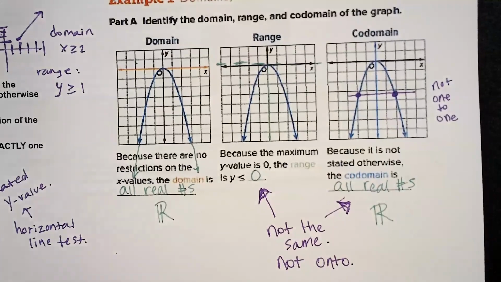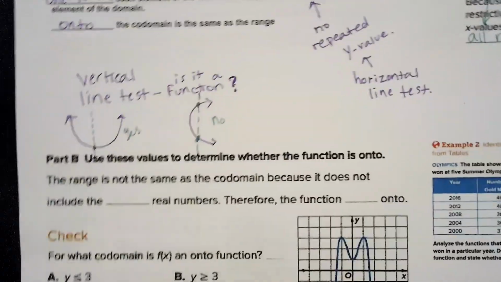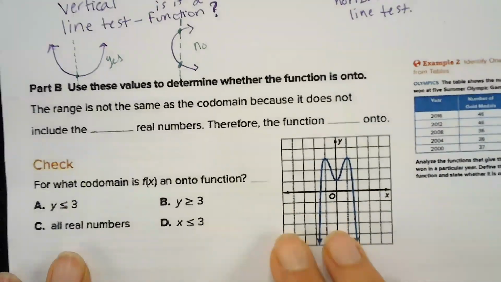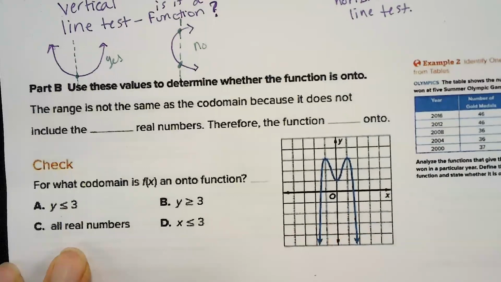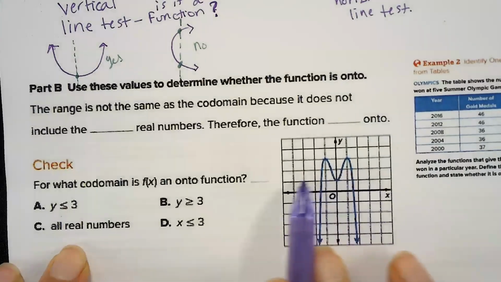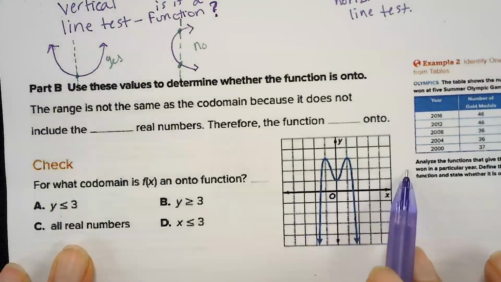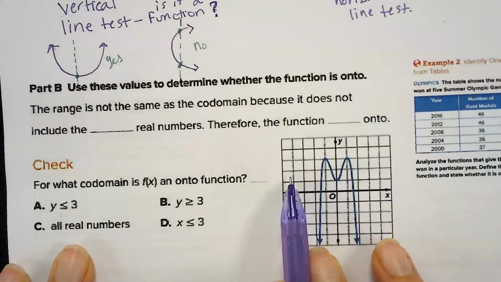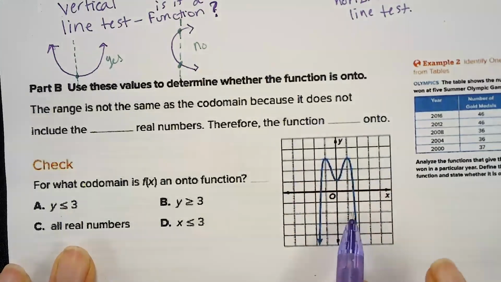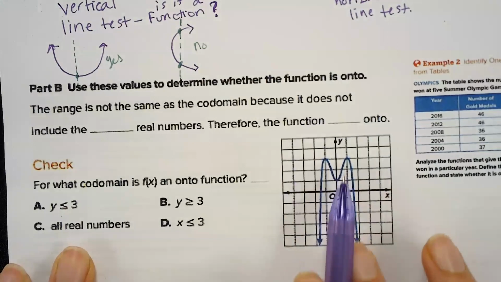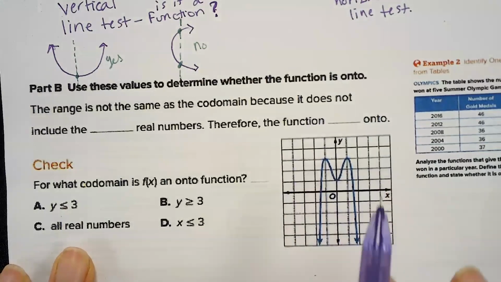Okay, we're going to practice this skill one more time here in the next question. Looking at this, trying to decide if it's 1-to-1 or onto. Now, it's not going to be 1-to-1. It's going to fail a horizontal line test. So it's not 1-to-1. Okay, but is it onto? It doesn't say otherwise. So currently, the codomain would be all real numbers.